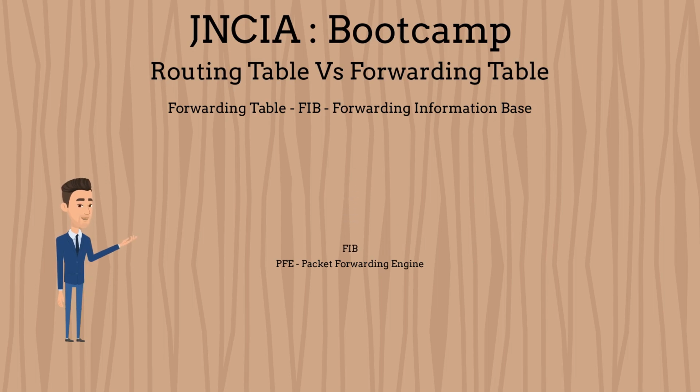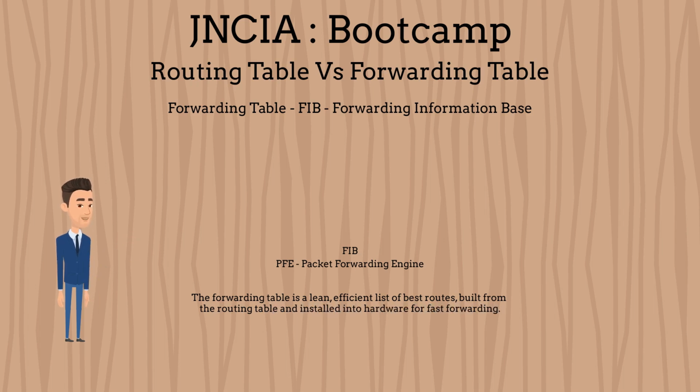It's downloaded to the hardware level called the packet forwarding engine, which we've already mentioned. This means the router can forward packets at high speed without delay. To summarize, the forwarding table is a lean, efficient list of best routes built from the routing table and installed into hardware for fast forwarding.